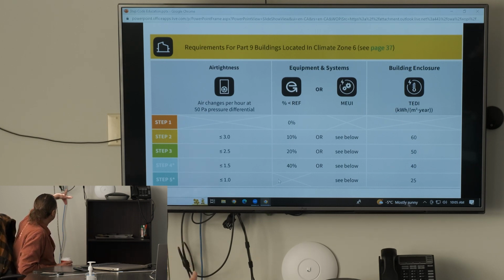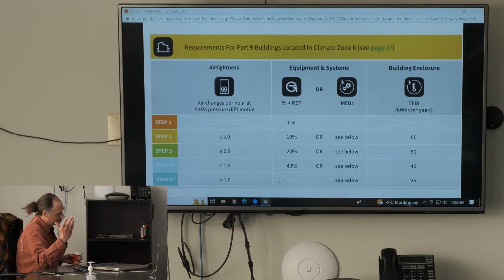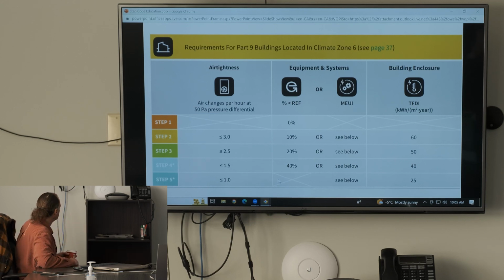That's what these values are on the left-hand side. 3 air changes per hour is pretty standard. 2.5, most new buildings are going to reach that or under, unless the building envelope has been severely compromised. 1.5 or under, you're going to reach step 4. 1.0 or under, you're going to reach step 5. That's a really super tight building envelope.